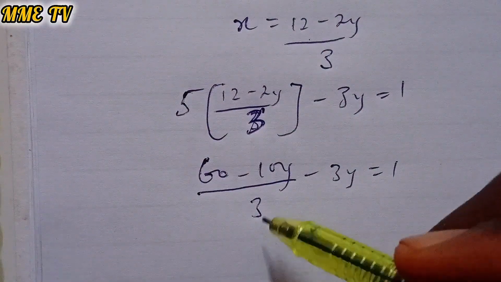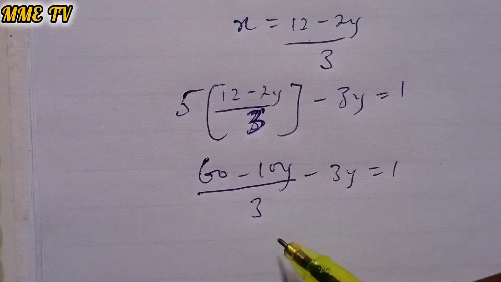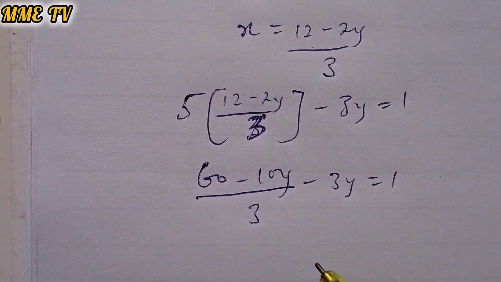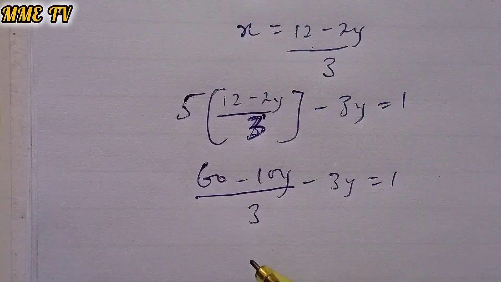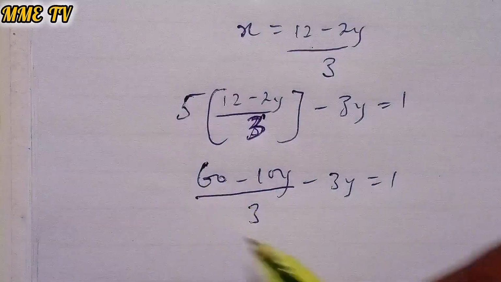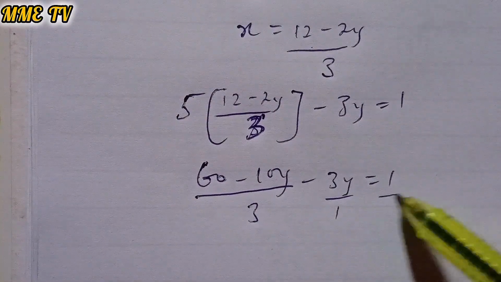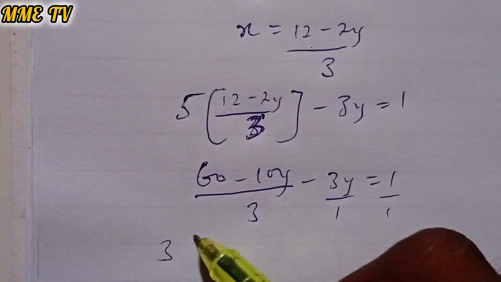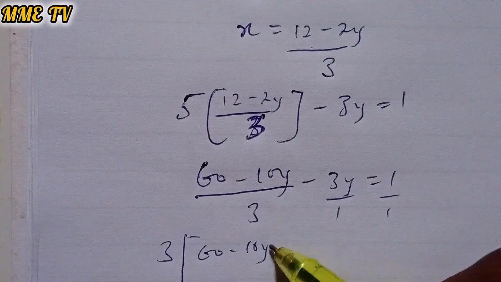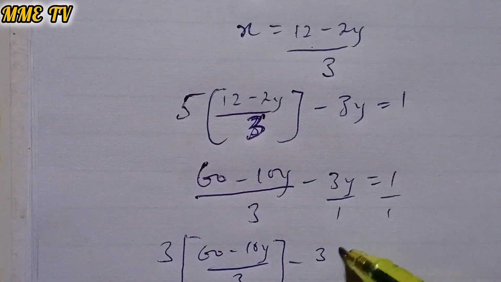Okay, so at this particular point, we are to clear the fraction with the LCM. In clearing the fraction, we'll use the LCM of this equation to clear through. So what is the LCM of this equation? 3. So I will use 3 to multiply through all. Remember that this is over 1, this is over 1, right? So 3 to the bracket of 60 minus 10y all over 3 minus 3.